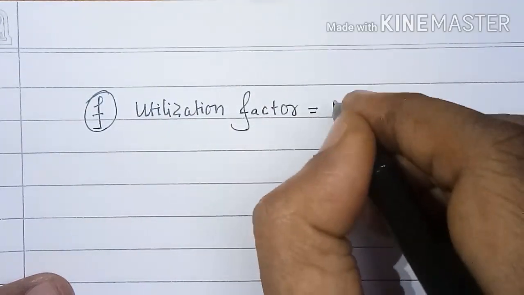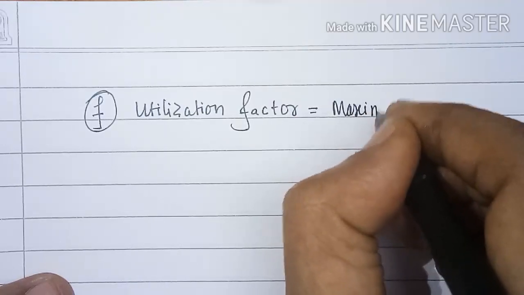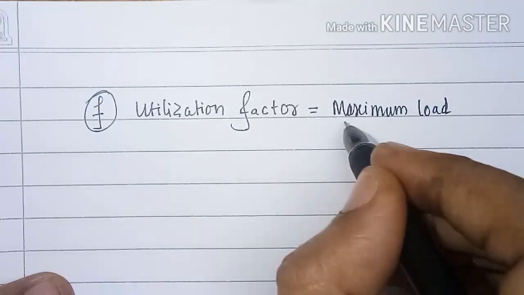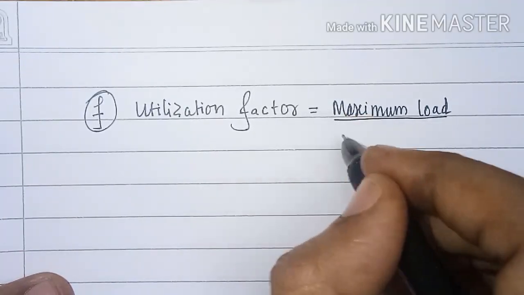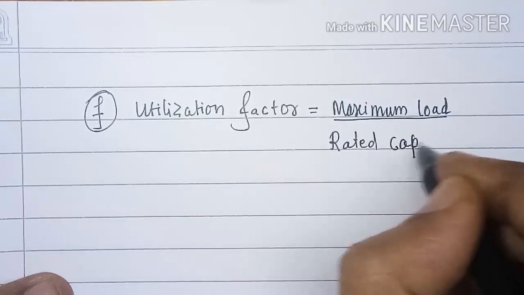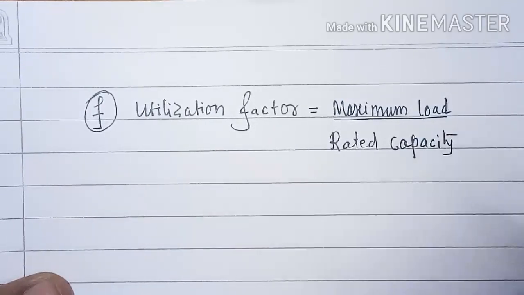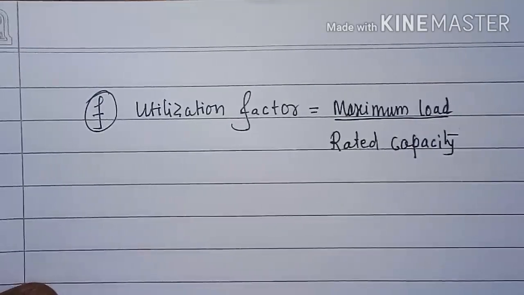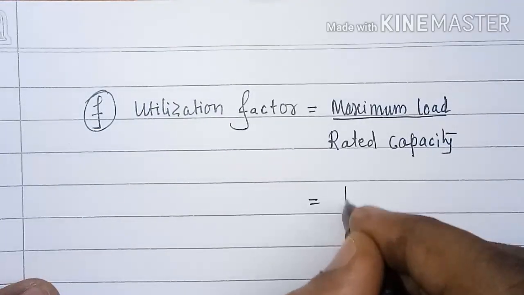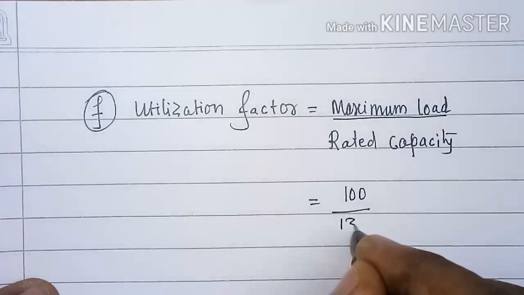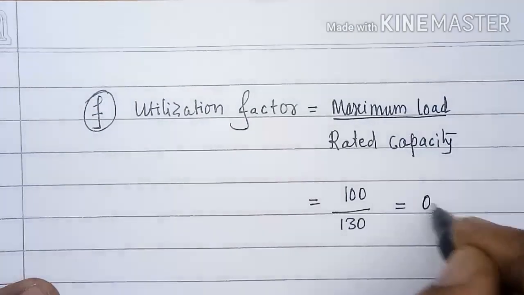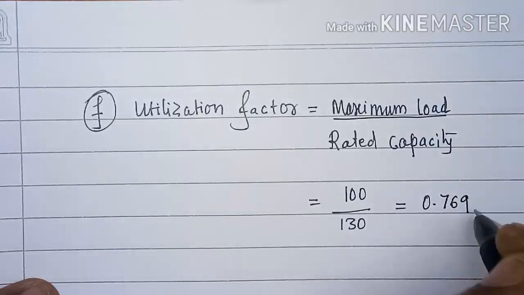Utilization factor is maximum load on the station divided by rated capacity of station. 100 divided by 130 and it comes out to be 0.769.